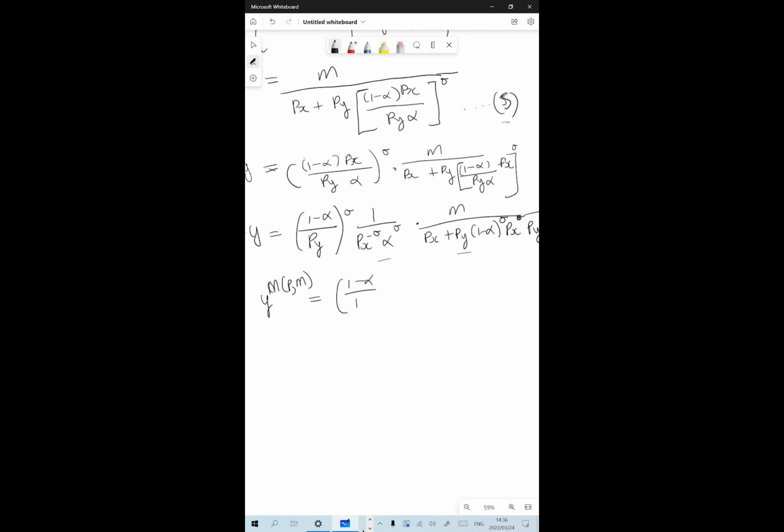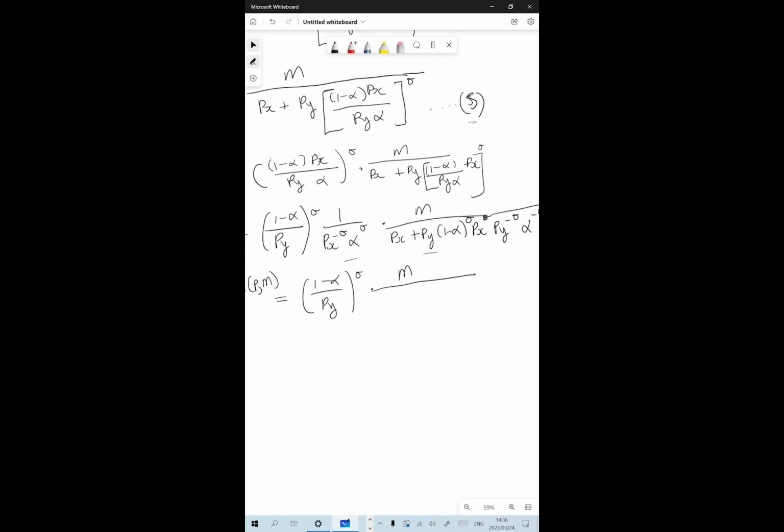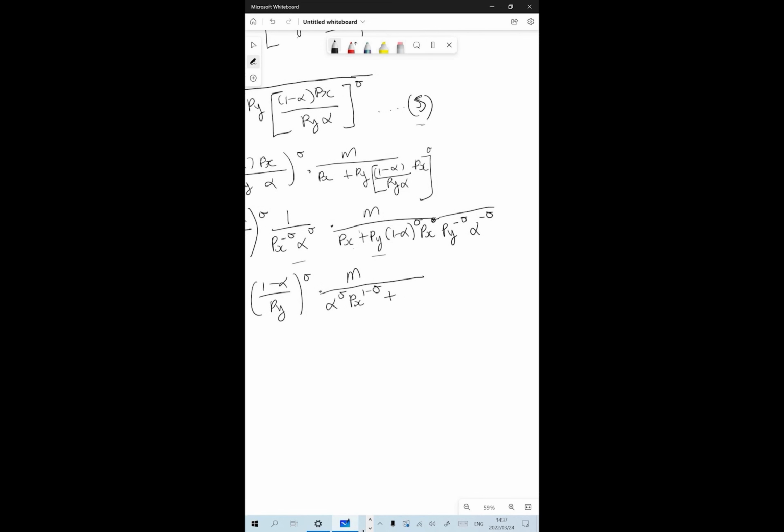1 minus alpha times the price of y to the sigma times our income over, if we multiply out these two terms, we'll have alpha to the sigma, price of x to the 1 minus sigma, plus, multiplying these two out, we have 1 minus alpha to the sigma. The price of x will cancel out, since we've got a sigma and a negative sigma.